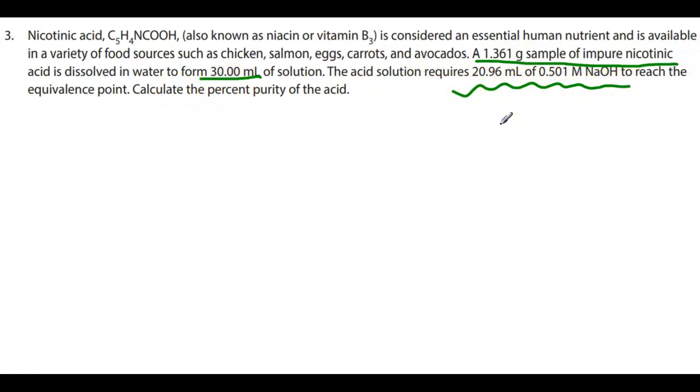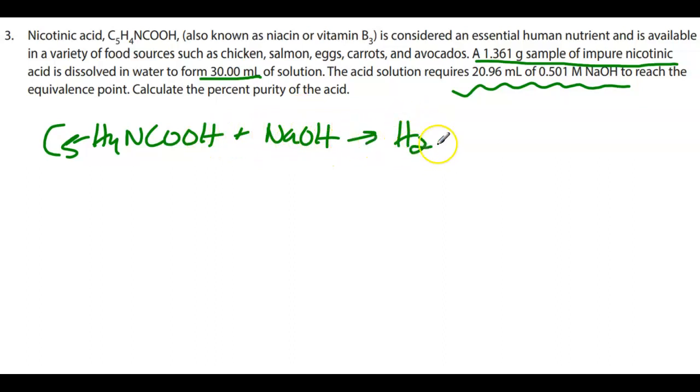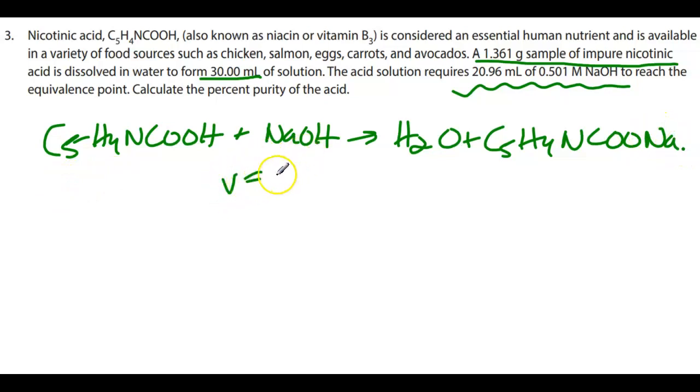So this one is actually pretty much identical to the first example that we did for the purity. So we have C5H4NCOOH plus NaOH forming water, and then we're going to have sodium with this. So we have here the volume, 0.0296 liters, concentration, 0.501 moles per liter.